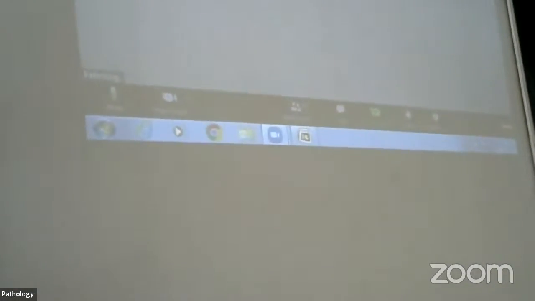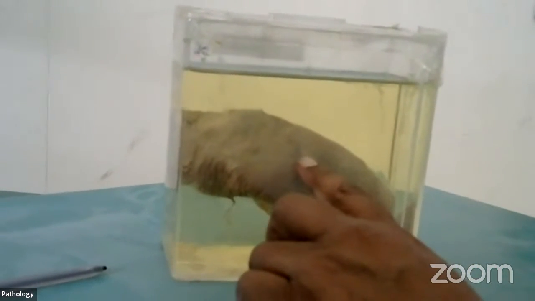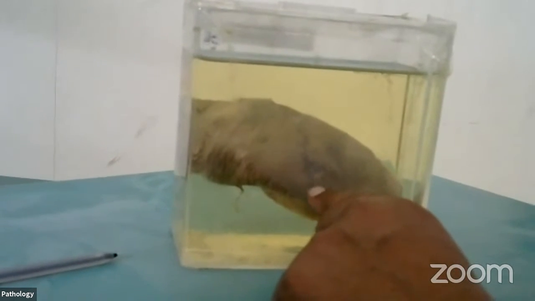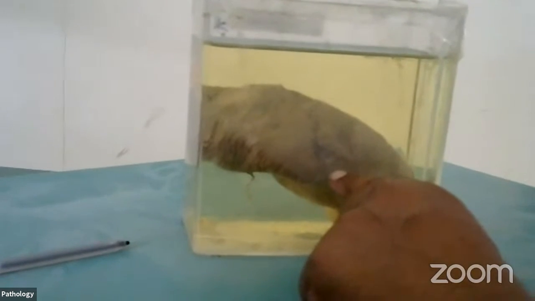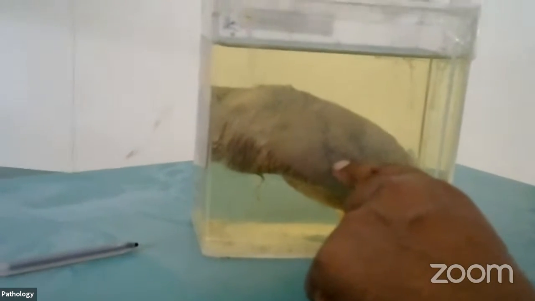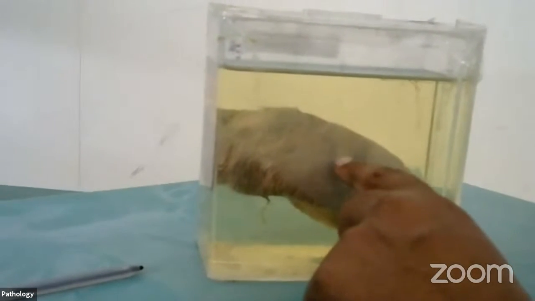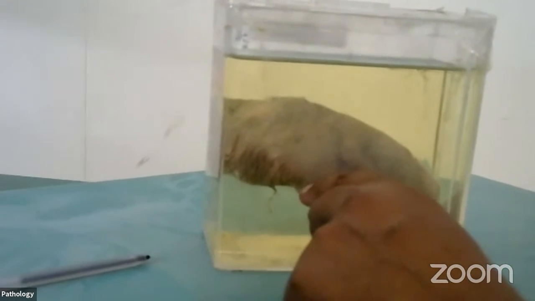So this is the slice or capsular area of the spleen. Now in this picture you cannot see a detailed demarcation of the white area. In the actual specimen on the capsular surface, I can see irregular wedge-shaped areas of pale white areas.